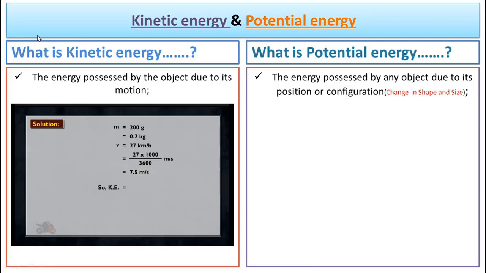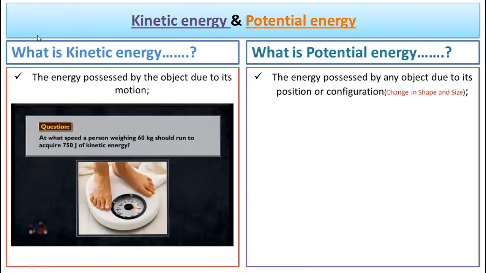So, kinetic energy is 1 upon 2 mv square, which is equal to 1 upon 2 multiplied by 0.2 multiplied by 7.5 square. So, kinetic energy is equal to 0.1 multiplied by 56.25, which is equal to 5.625 joules.